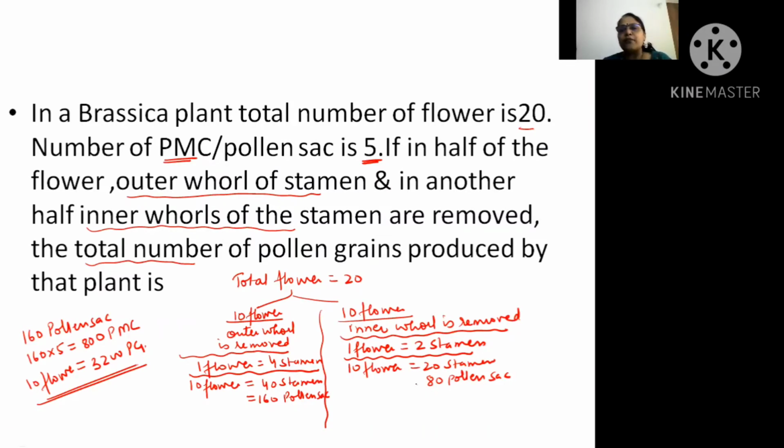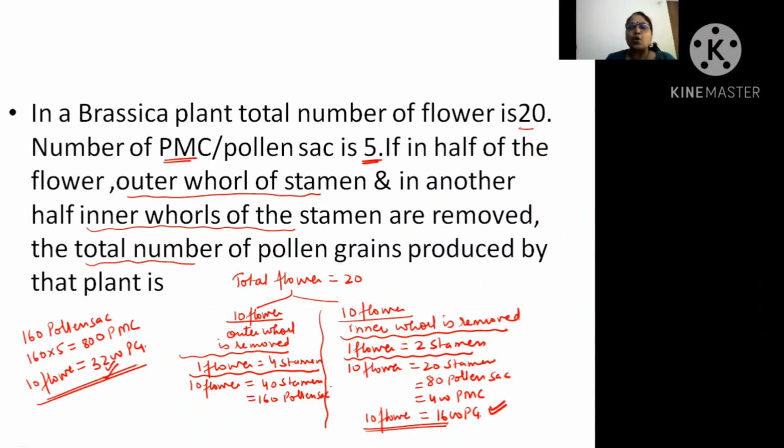So it means total 400 pollen mother cells. Is it clear? And 400 pollen mother cells means multiplied by 4. So you are getting 1600 pollen grain. So your 10 flower is giving here 1600 pollen grains. So this is 1600 pollen grain and this is 3200 pollen grains.